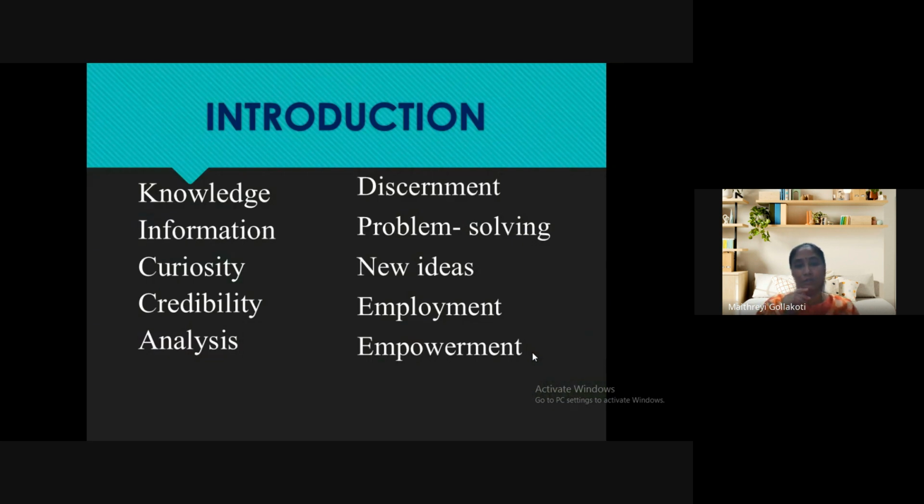Now, let me introduce you what research is. Okay? Research is nothing but getting knowledge. Research improves knowledge. It will take you to the higher levels of knowledge. Research gives you a lot of information, and research will make people curious.